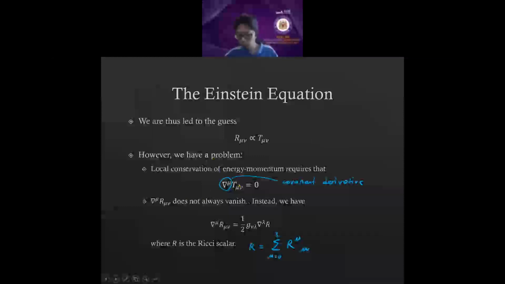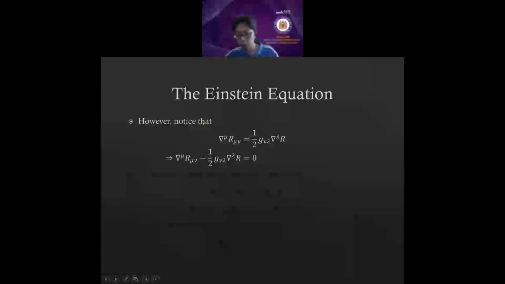So in general, we face this problem over here. On the left hand side, we don't always have vanishing, but on the right hand side we do. And that is indeed a problem.